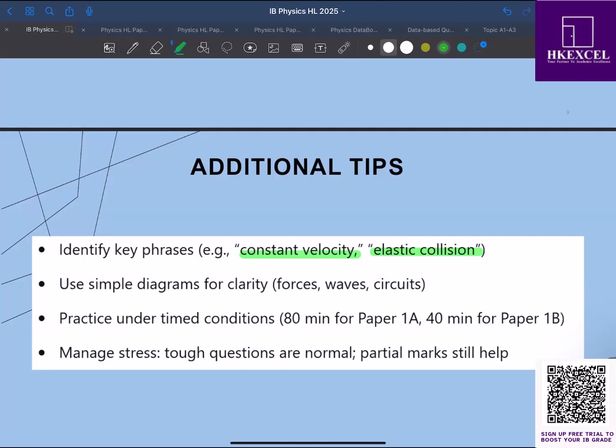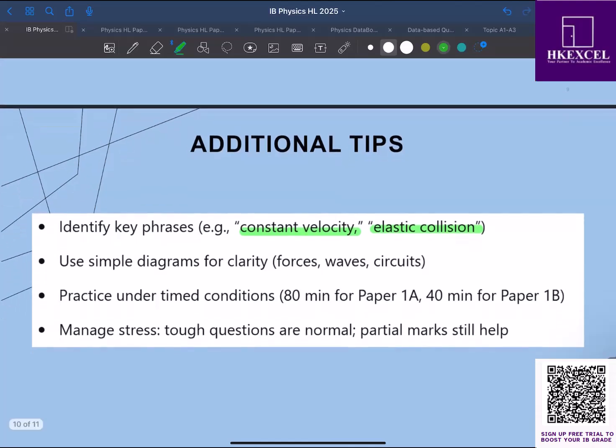And another tip, second tip would be don't overlook simple diagrams. Okay. So for example, let's say you're given a circuit question. Let's say we have a circuit question like this.